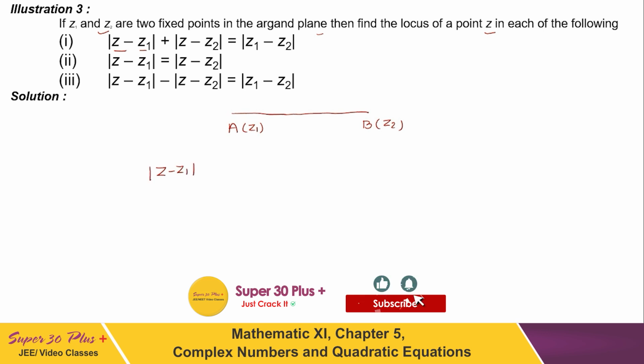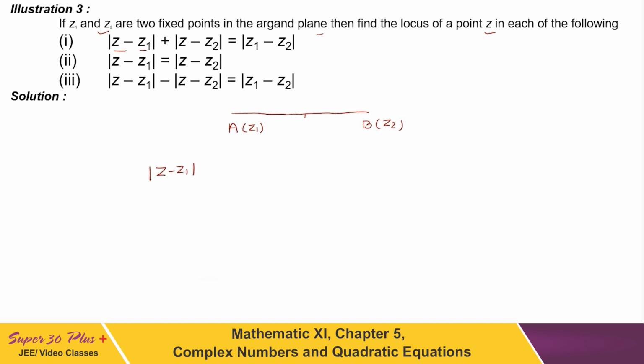Suppose a point C is here, and its coordinate is represented by Z. Then we can write mod of Z minus Z1 is equal to length AC, and mod of Z minus Z2 is equal to length BC.